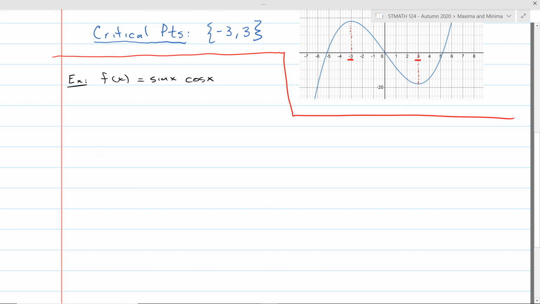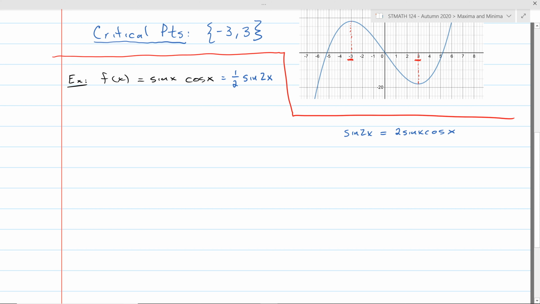We could just go ahead and use the product rule, but I do know that sine of 2x is the same as 2 times sine of x times cosine of x. So I can see that this is really the same as 1/2 sine of 2x. And I think that would be easier to differentiate. We won't have to use the product rule.